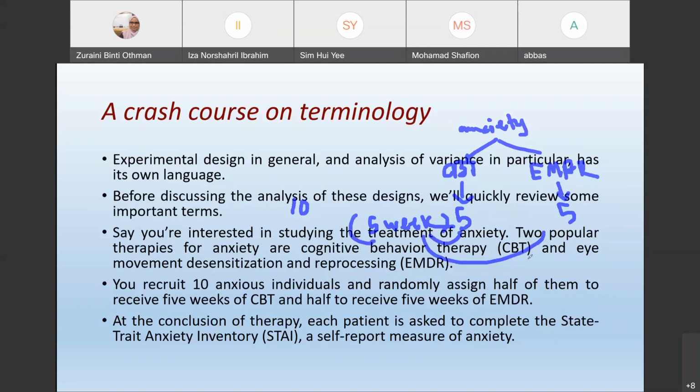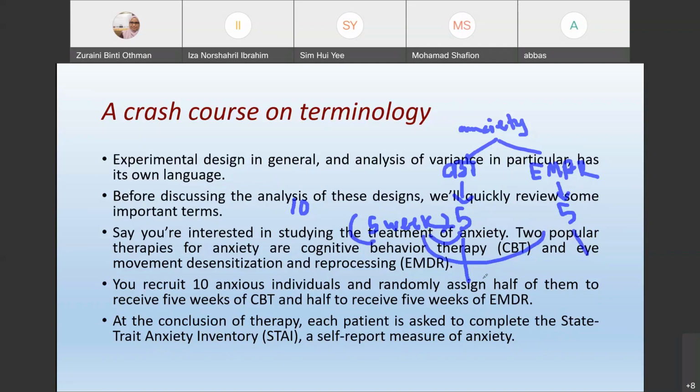Then at the conclusion of therapy, each patient is asked to complete the State-Trait Anxiety Inventory, STAI. We have to measure this.